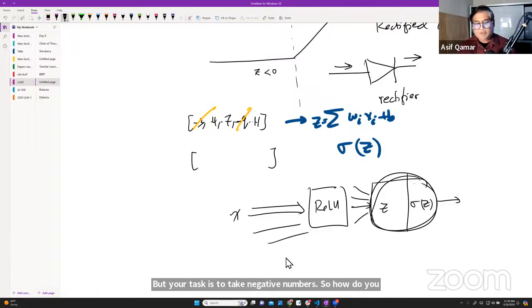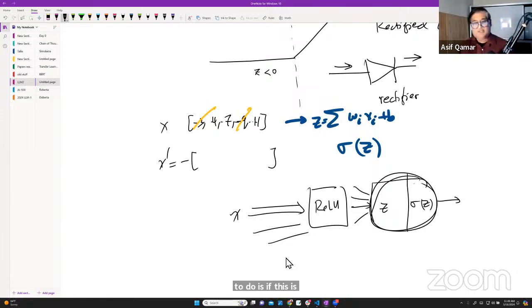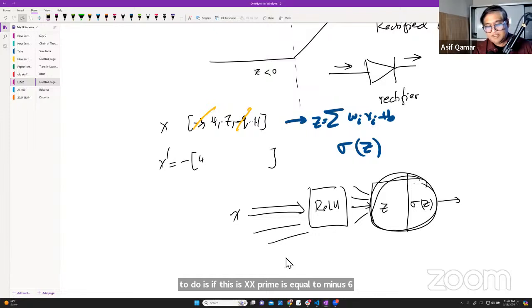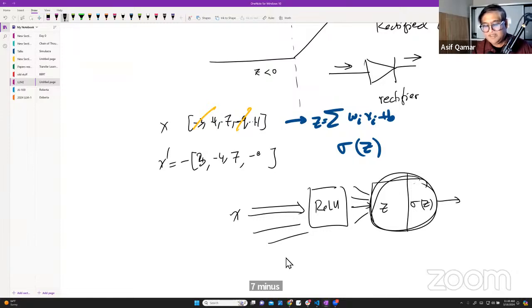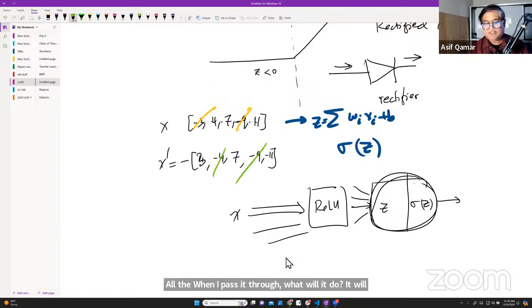Zero. All you need to do is, if this is x, x prime is equal to -x. So suppose I take -x, it becomes 3. All positive numbers become negative, like -7, -9, -11. So now when I pass it through ReLU, what will it do? It will cancel all the positive numbers, because I flipped the positive numbers to negative and negative to positive. Are you seeing that, guys?